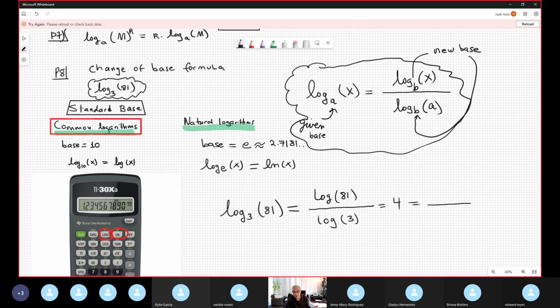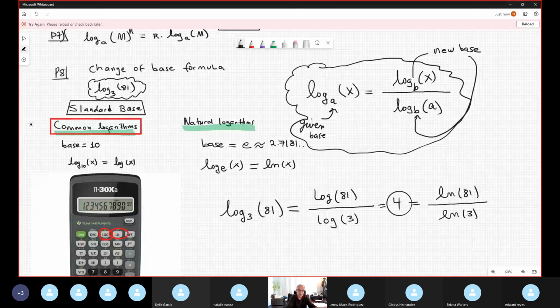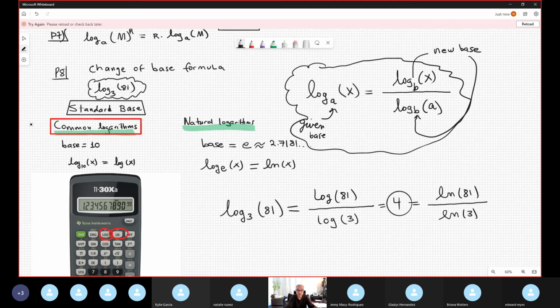Suppose that another student does it this way: ln 81 divided by ln of 3. Oh, same value, guys. So I want to show you this example again on Monday and another example to manipulate the famous change of base formula. Okay? Too much for today.